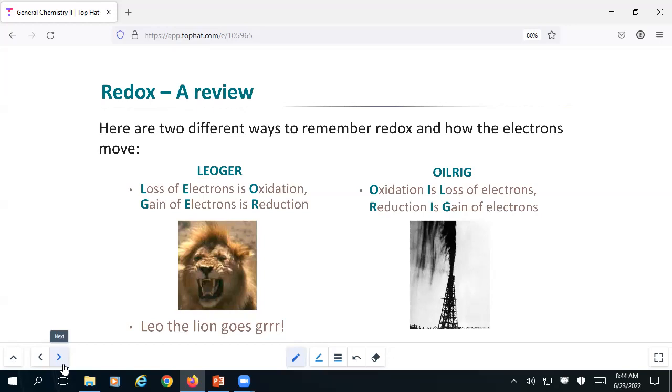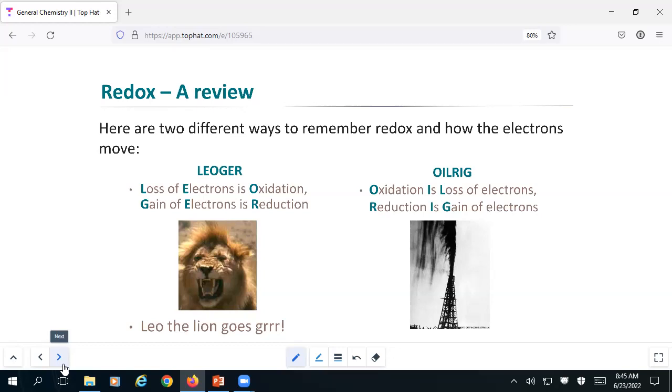Now again, which mnemonic you use really doesn't matter to me. When I was in high school and first learned about this, Leoger was the thing that my chemistry teacher taught me. In college, I sat in the same chairs that you're in, well, not these exact same ones, similar ones in Pennsylvania where I went to college. And it was not actually a professor of mine, but one of my classmates said, oh, Leoger, what the heck's that?